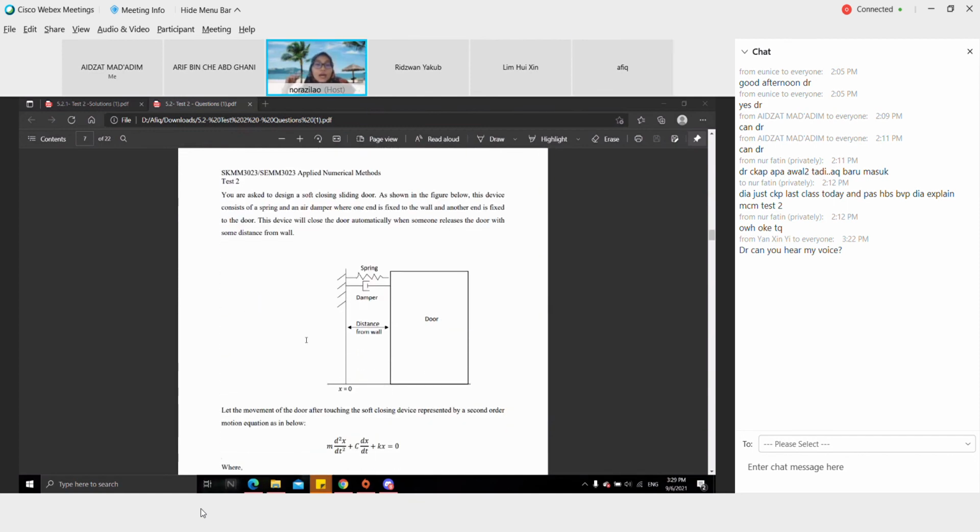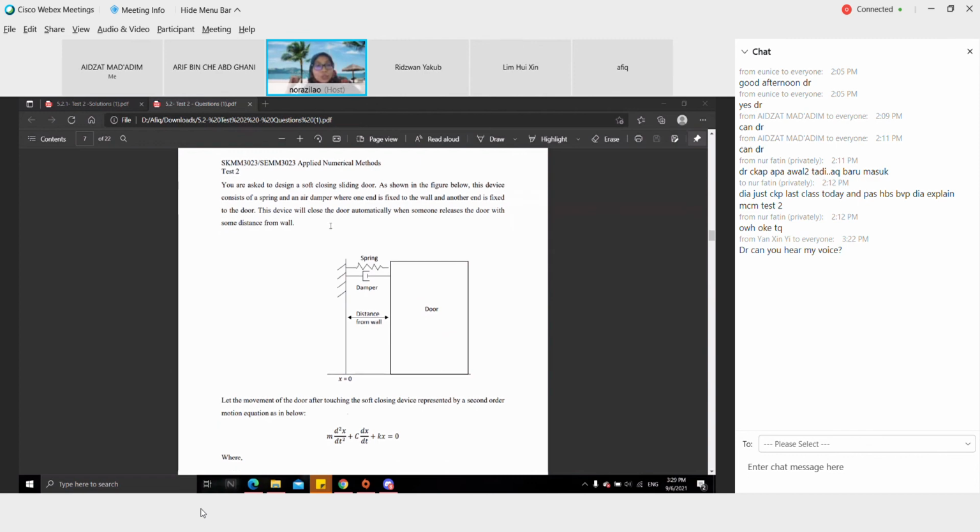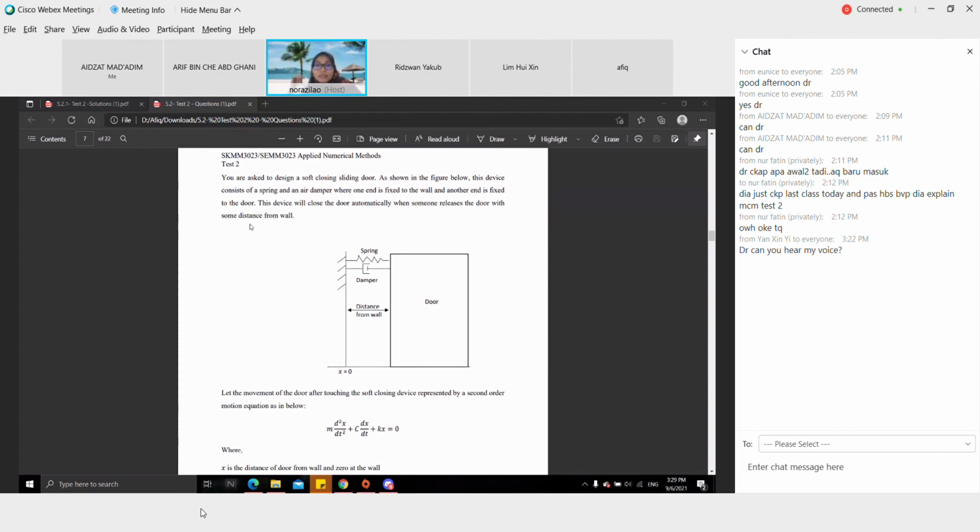You are asked to design a soft closing sliding door. As shown in the figure below, this device consists of a spring and an air damper, where one end is fixed to the wall and the other end is fixed to the door. This device closes the door automatically when someone releases the door at some distance from the wall.